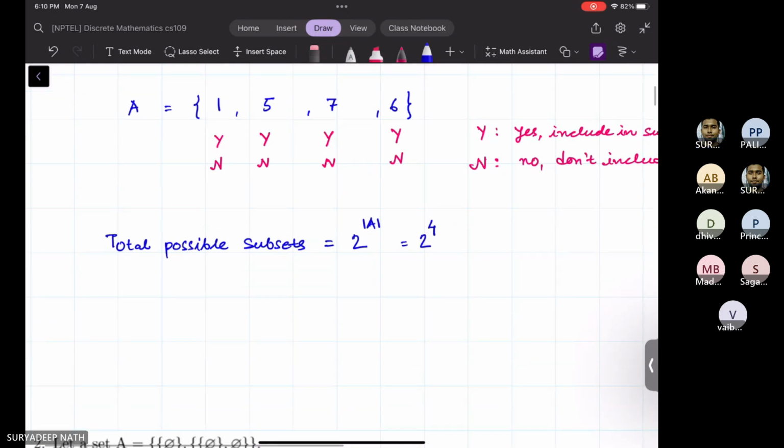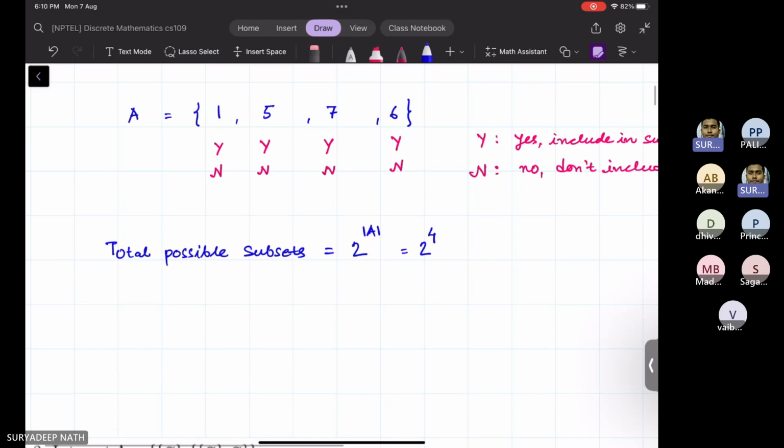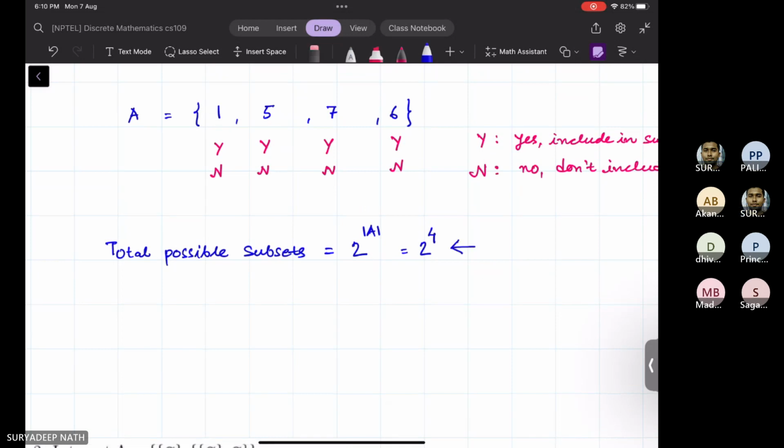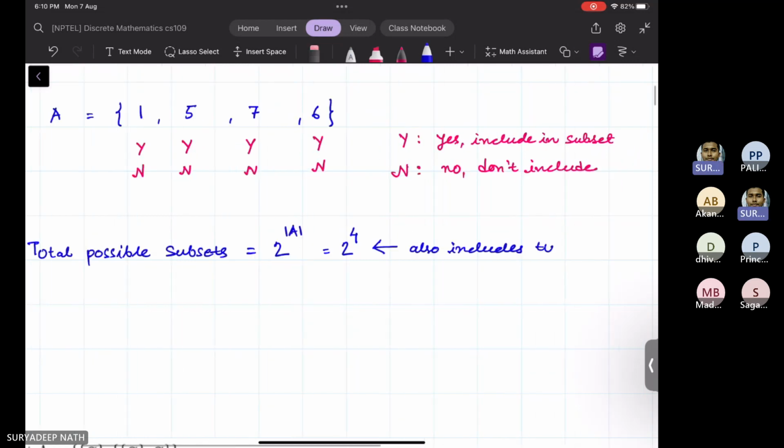Now this also includes the empty subset, which is where there is no element.